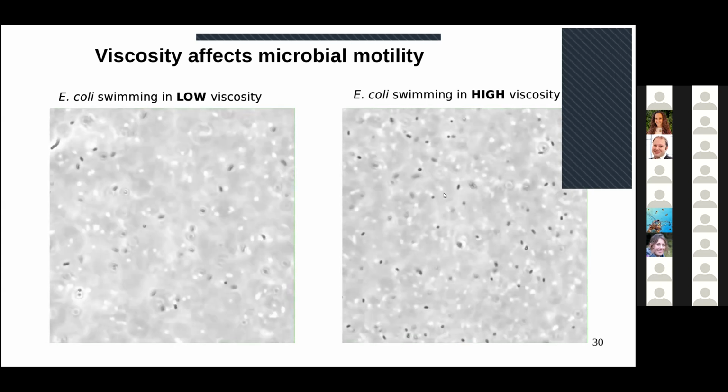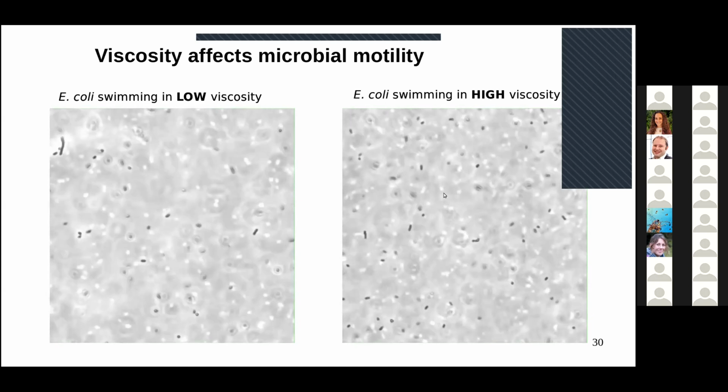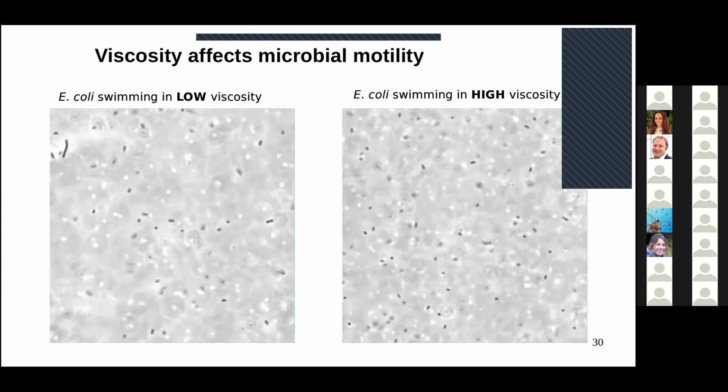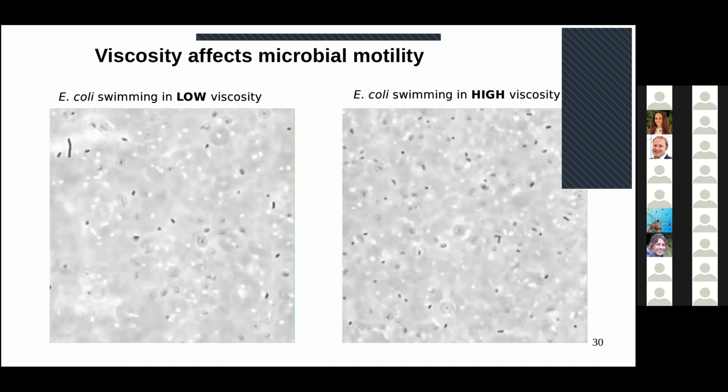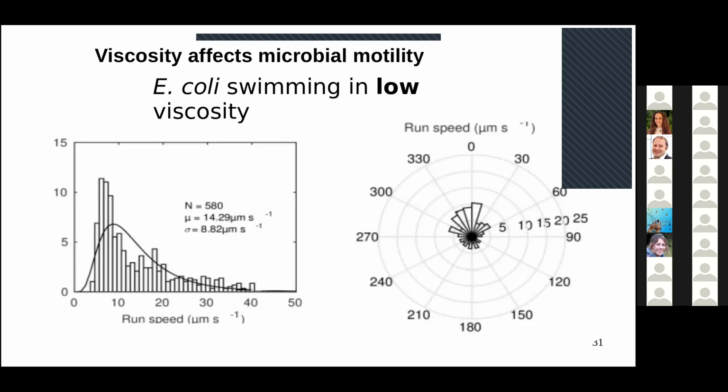And so we use these videos and we track the bacteria to understand what was the effect of increasing viscosity on the motility of bacteria. For example, here we have the results for low viscosity.